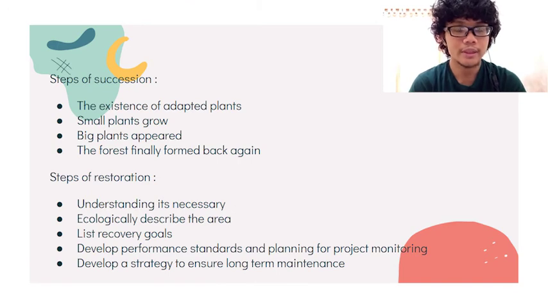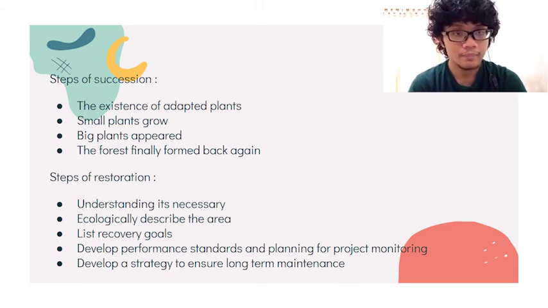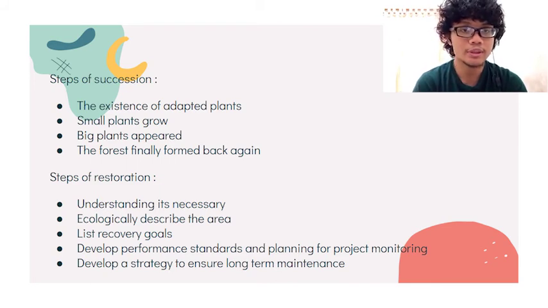After that, we create a list of recovery goals, which parts of the ecosystem need to be restored or maintained, and then develop performance standards and plan project monitoring so we can keep an eye on the growth of the plants that need to be recovered. Finally, we develop a strategy to ensure long-term maintenance.